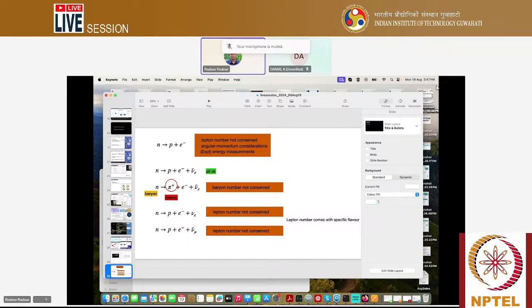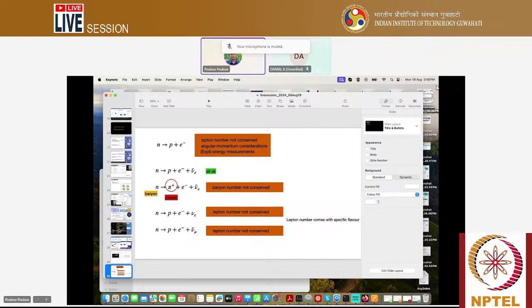All the hadrons like neutron, proton, and anything that is made of quarks, are called baryons or mesons. If it is only quarks, then it is a baryon. If it is an equal number of quark and anti-quark, because anti-quark has opposite baryon number, they cancel each other. So its baryon number is 0. Such combined states are called mesons, like pion.